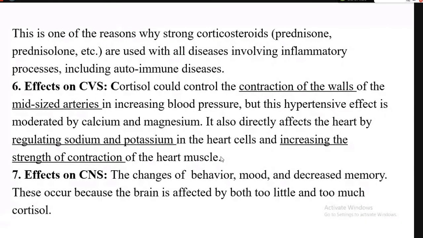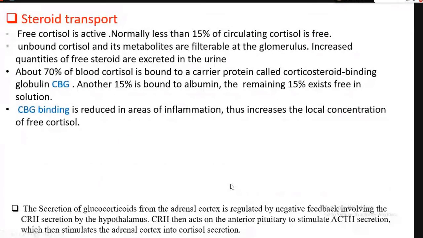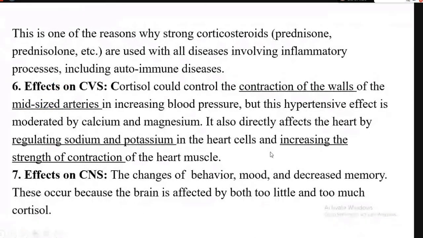And in the central nervous system, changes of behavior, mood, and decreased memory have been seen.